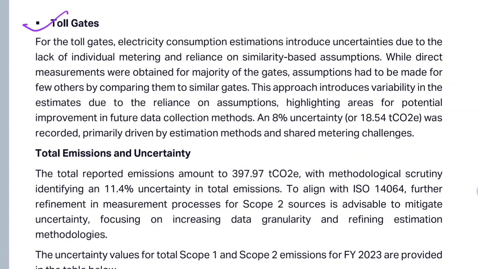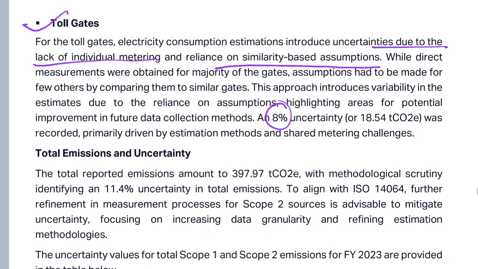Next, for toll gates, electricity consumption estimation introduces uncertainty because of lack of individual metering and reliance on similarity-based assumptions. So, lack of individual metering and reliance on similarity-based assumptions. While direct measurements are obtained from the majority of the gates, assumptions had to be made for a few others by comparing them to similar gates. So this approach introduces variability in the estimates through the reliance on assumptions, highlighting areas of potential improvement in future data collection.